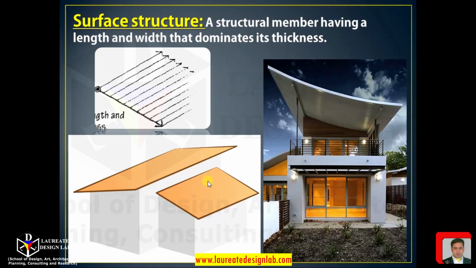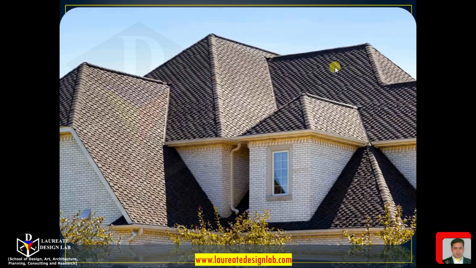Let's see further. This is again the example of the surface structure. This building is having a very unique feature because most of the facade part is being covered by surface structure. Means roof is terminating on the half part of the building. At times it may go to the ground.